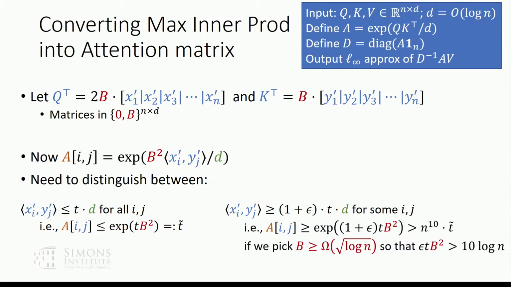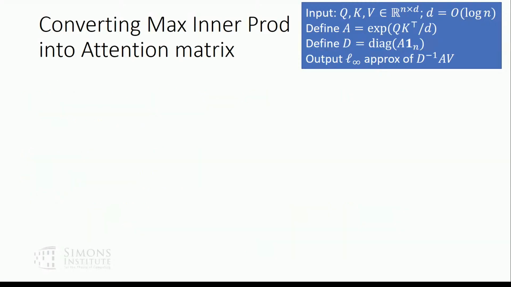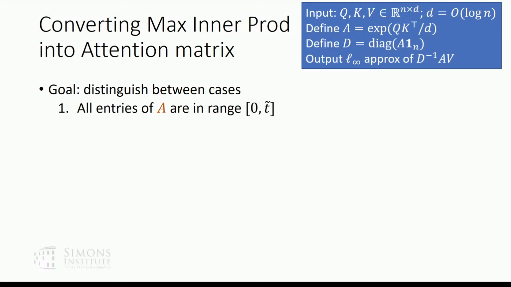This is like n to the 10 times t tilde. This is where the square root log n is going to be important for our lower bound. Okay. So this is how we construct our matrices. And now, Rosa, let me just remind you, our goal is to distinguish between the two cases. First case is that all the entries of the attention matrix are between 0 and t tilde. And the second is that A has a way bigger entry that's like n to the 10 times t tilde.